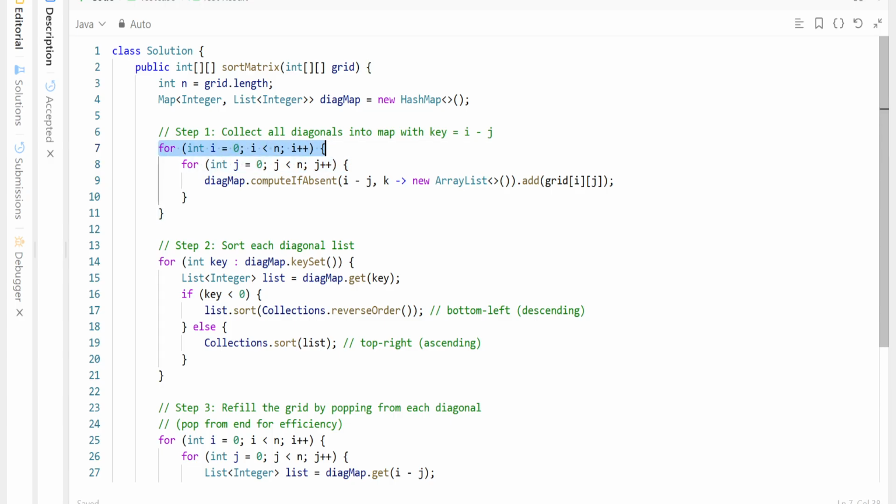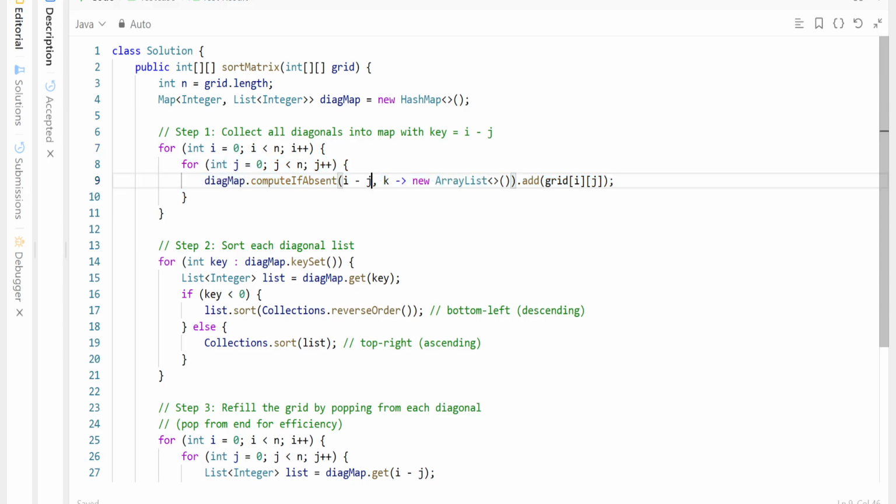Very first, we'll go through all the i, we'll go through all the j, and we'll find all the pairs on the grid, right? When we want to traverse the grid, we need two loops, one for i and one for j, and we try to find all the pair possibilities.